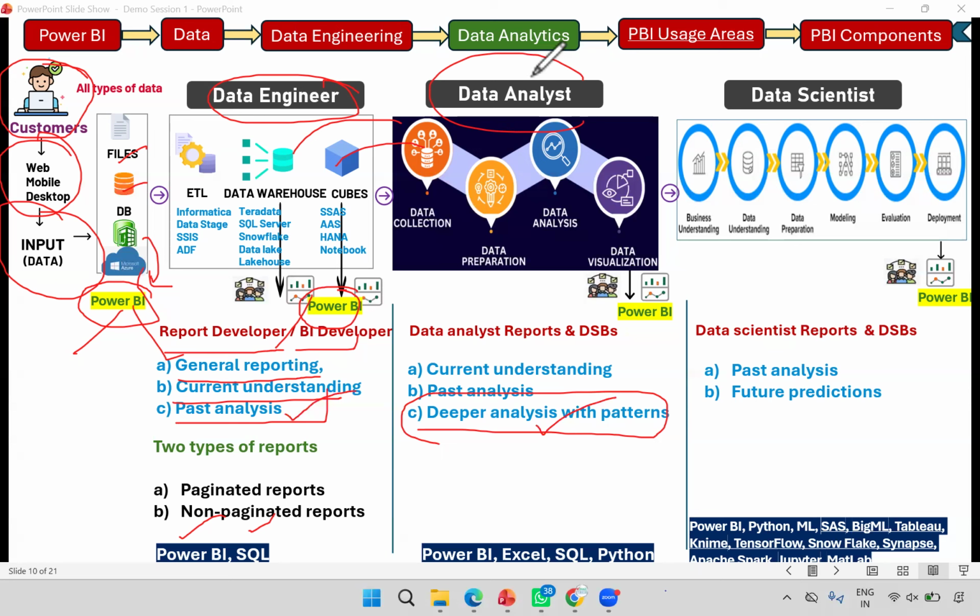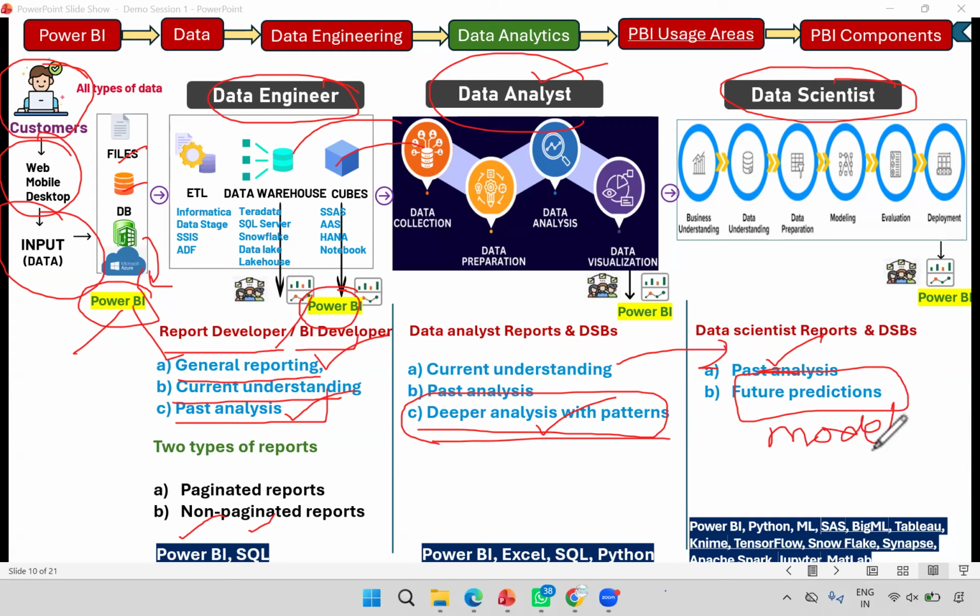The difference between a data analyst and a general report developer is that a data analyst will do deeper analysis of data. Next, data scientist. He will understand the current, analyze the past, and also do future predictions. For that, models are created. For these models, we need to learn other tools as well.